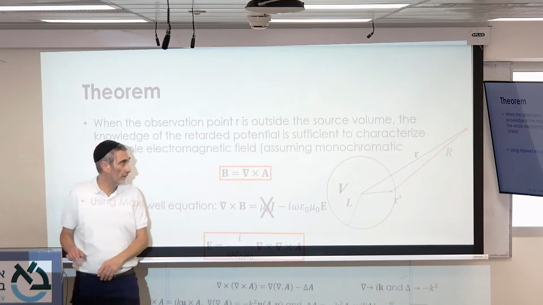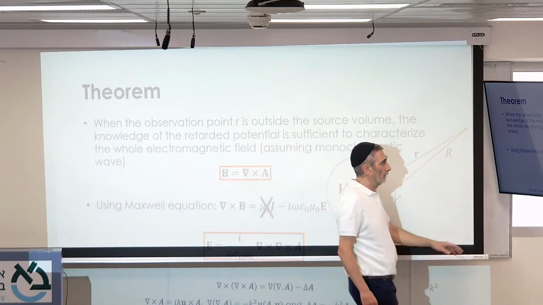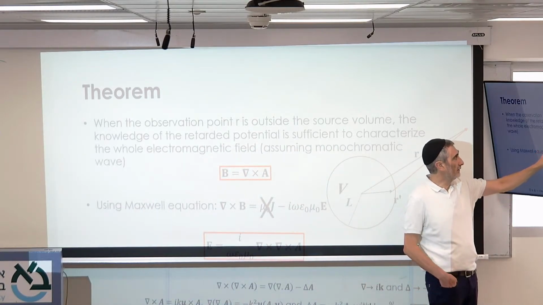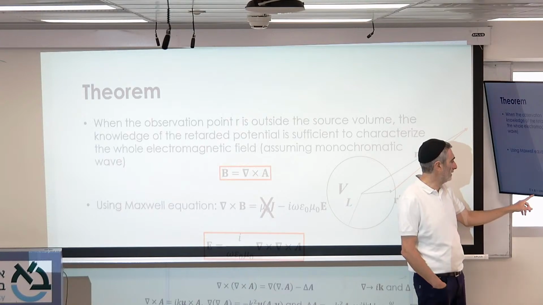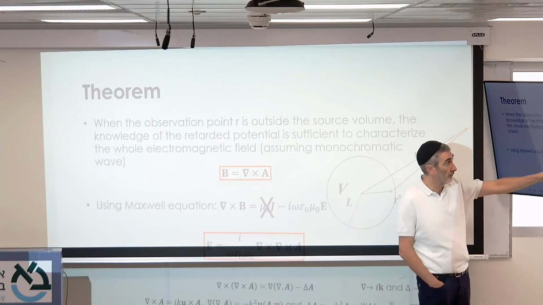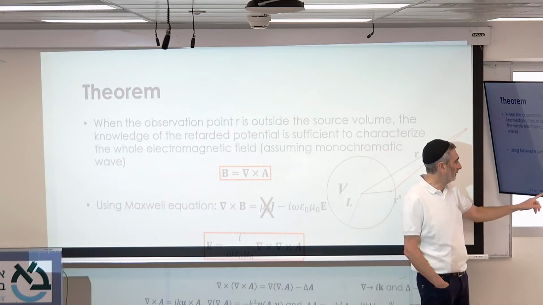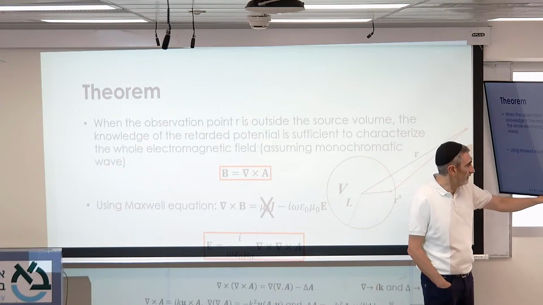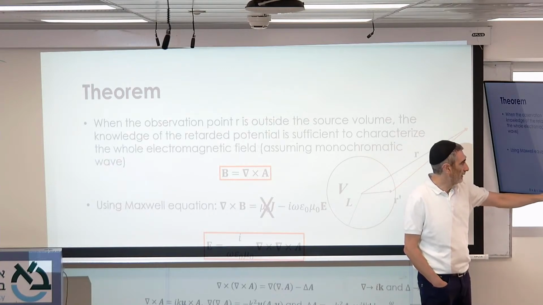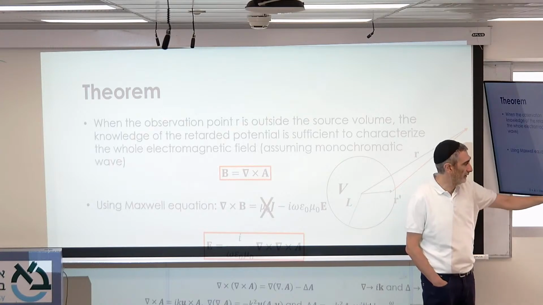I go fast, but the rotational of A gives you ik u cross A, where u is the direction vector. That's for B. For E we need this term, which has this and that one.